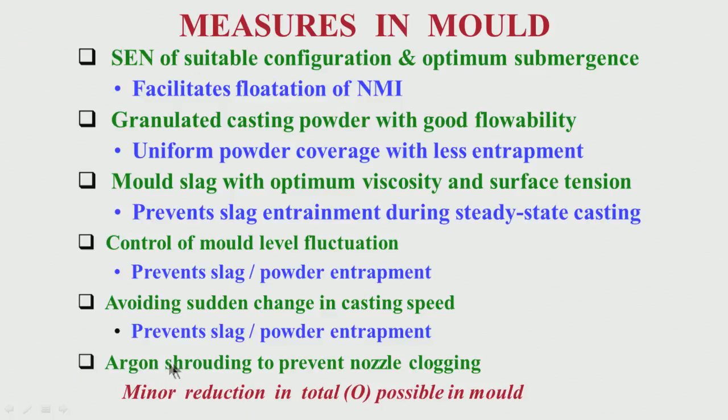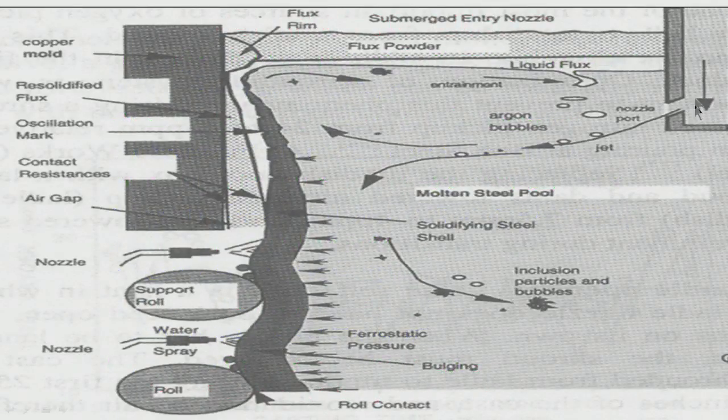Then, as I have told, argon shrouding to prevent nozzle clogging is very, very important. If you do not use argon here, there is a possibility of clogging of these ports, as it happens from ladle to tundish at the refractory nozzle port. Here also there is a possibility of clogging.